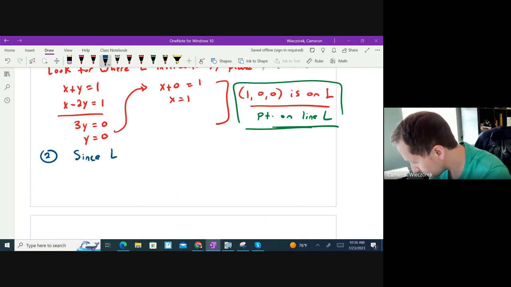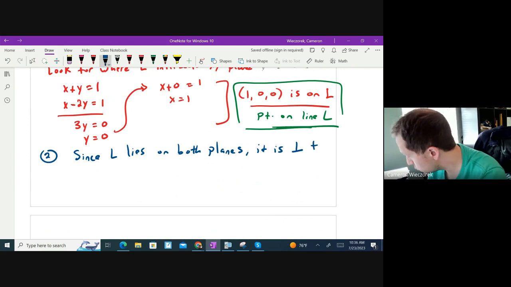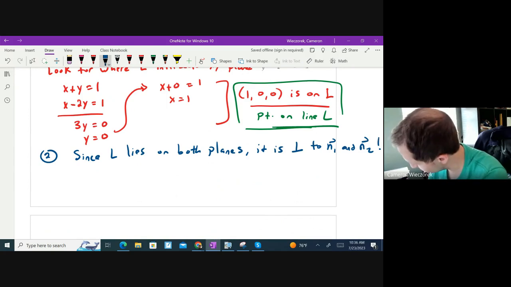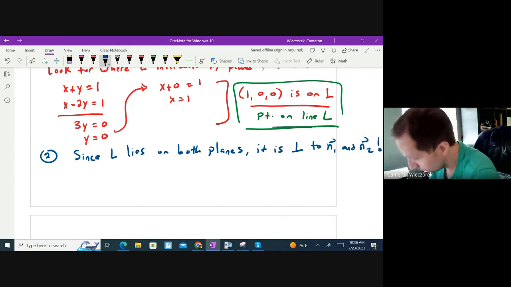Since L lies on both planes, it is orthogonal, perpendicular, to both normal vectors, n1 and n2. Okay. That deserves an exclamation point. Big fact.